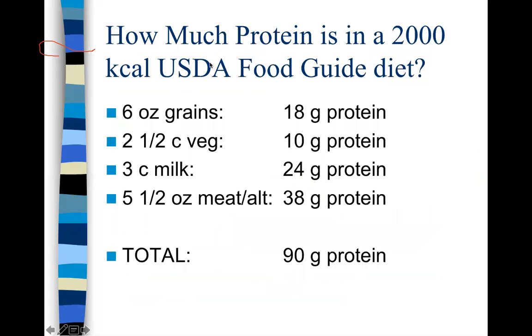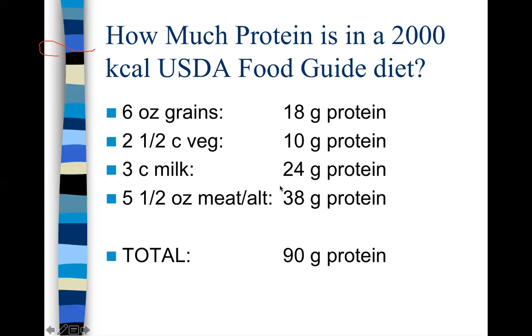How much protein is in the average 2,000 calorie per day diet? So this would be an example. If you're consuming 6 ounces of grains, which would be like 6 pieces of bread or maybe 2 large tortillas, 6 small tortillas. In general, grain-containing foods have about 2 to 3 grams of protein each. Vegetables tend to have about 5 grams of protein per serving. This is a little bit less than that.